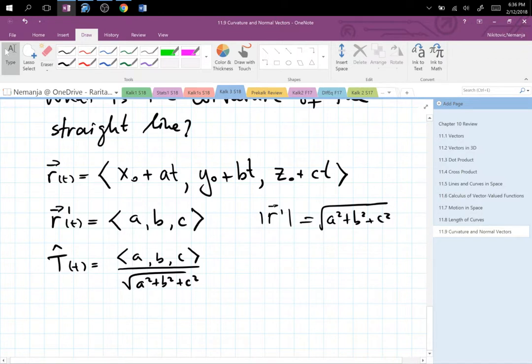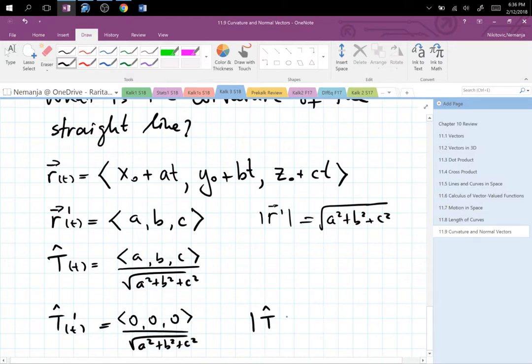And now, as soon as you hit this with the derivative to find the t prime, you get 0, 0, 0, divided by the square root of a squared plus b squared plus c squared. And now when you find the magnitude of the 0 vector, you better get 0.